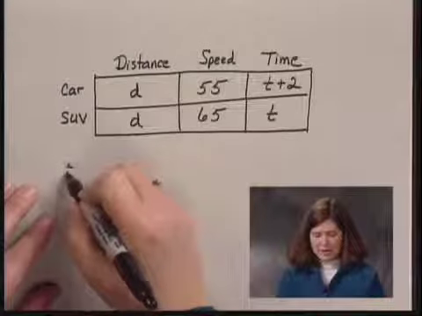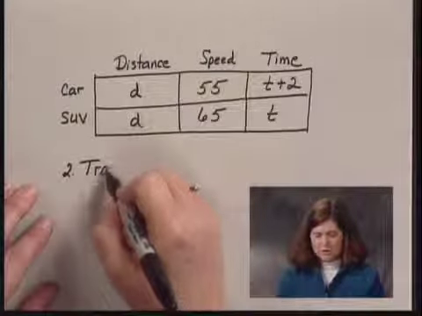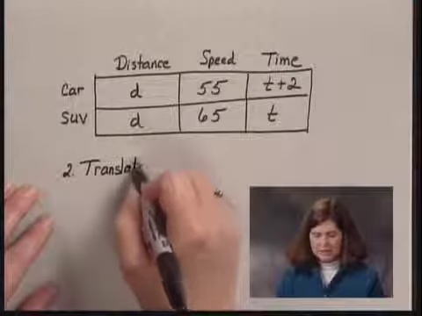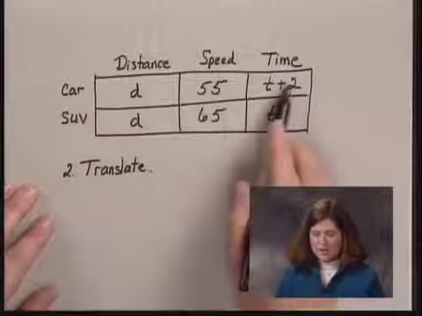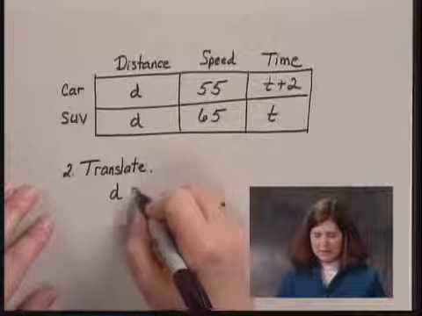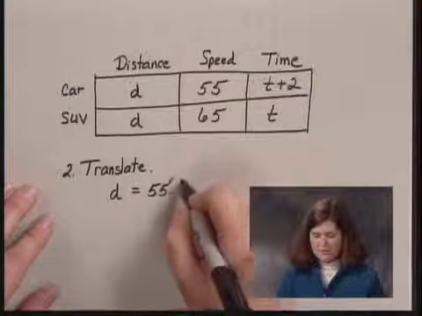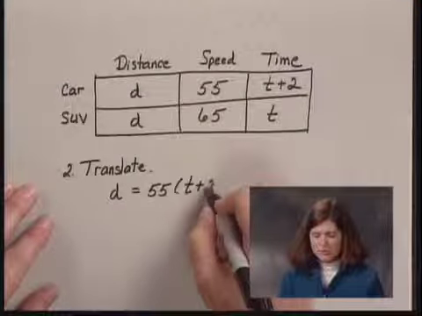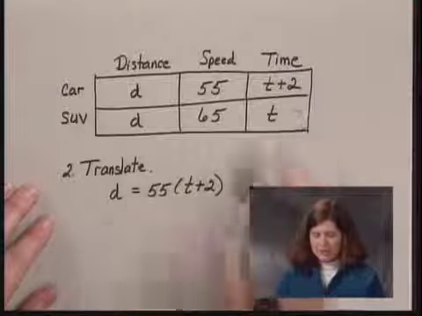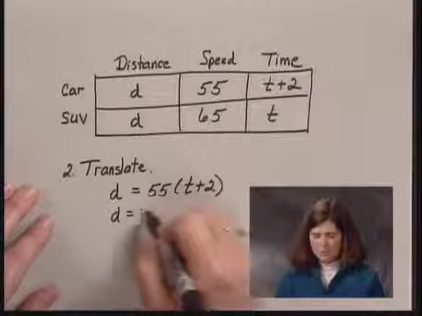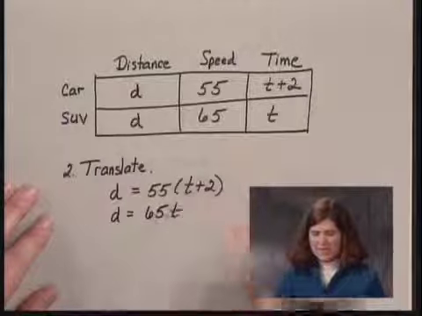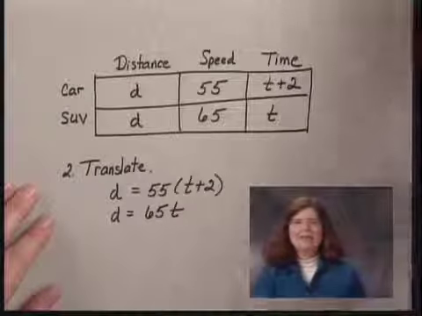So in step 2, translate, I can get two equations. D equals 55 times t plus 2. And I can get a second equation, D equals 65t. Now I'm ready to solve.